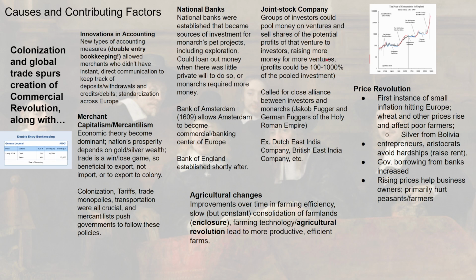Merchants, people that have some money, but not quite enough maybe to fund their own venture, would pool their money together and pay for a ship, pay for the sailors, pay for the navigators, and chart a voyage. And if it was successful, it was relatively lucrative. You can make 100% of your money to 1,000% of your money back if your voyage returned. So people were really looking into this.